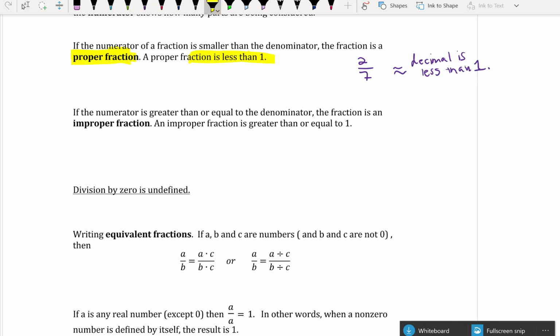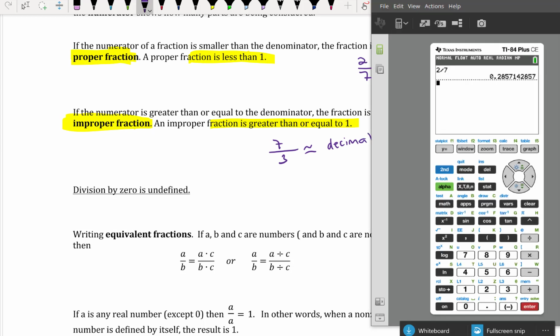Now, what if it's not a proper fraction? Well, if it's not proper, then it's going to be an improper fraction, and that is a fraction that's greater than or equal to 1. So let's say we change this up. What if we had 7 over 3? Well, we know that this is going to be an improper fraction, but let's confirm it.